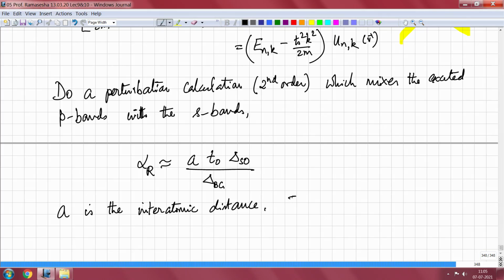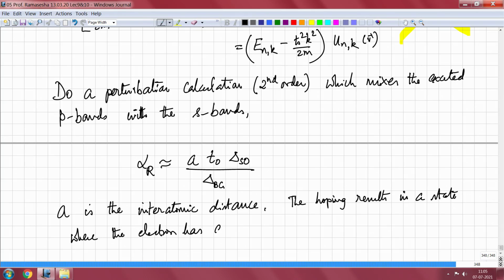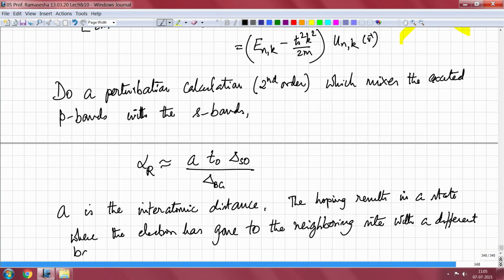So the hop results in a state where the electron has gone to the neighboring site with a different band index, but same spin.